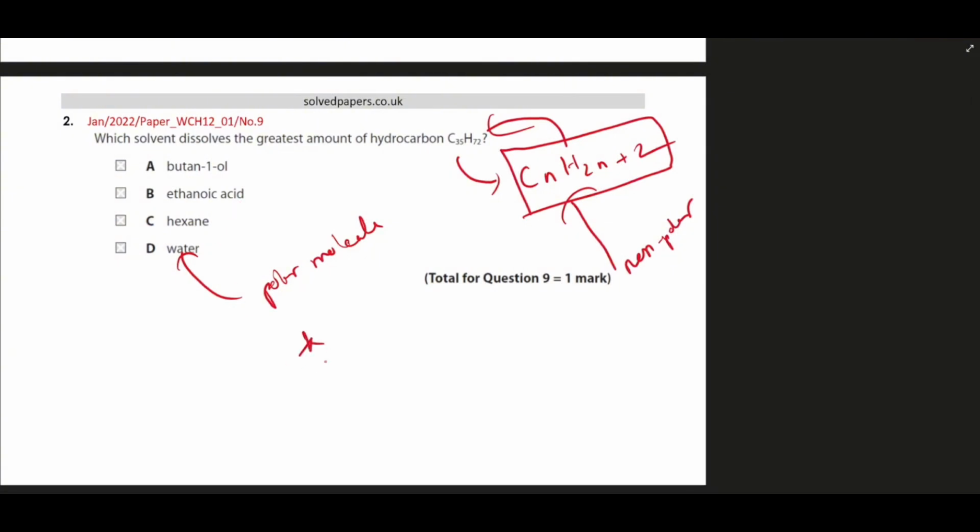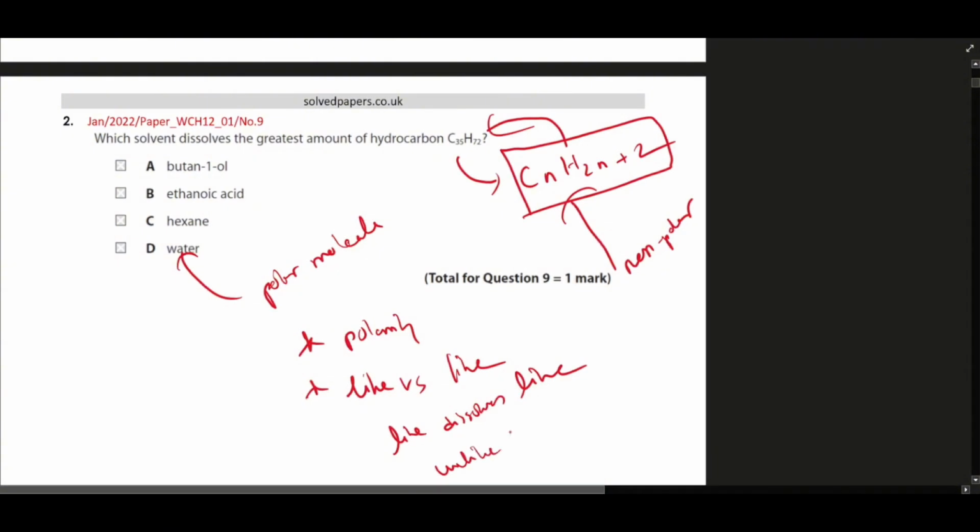There are two ways you can approach it. Polarity is one way you can determine solubility or reaction, and there is another way. That is this common nice rule, like versus like, or in other words, like dissolves like, or unlike doesn't dissolve like.